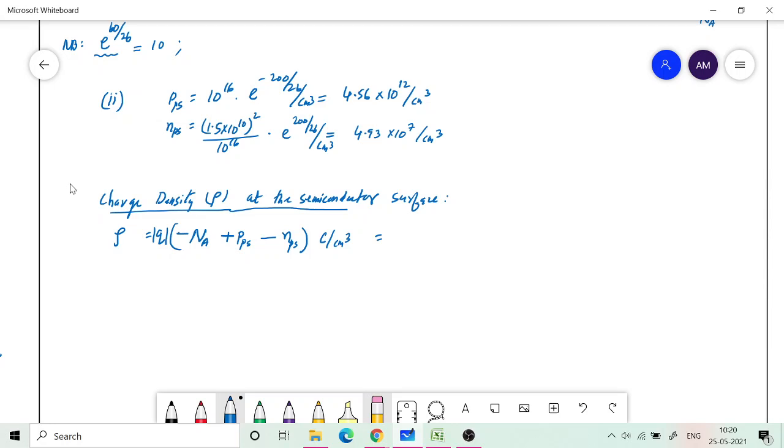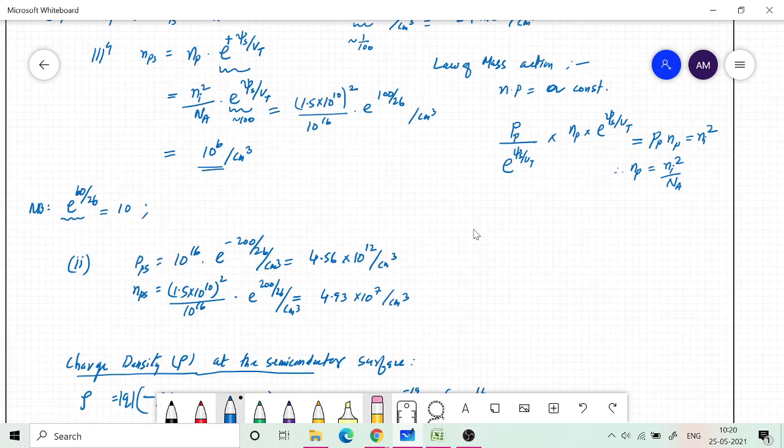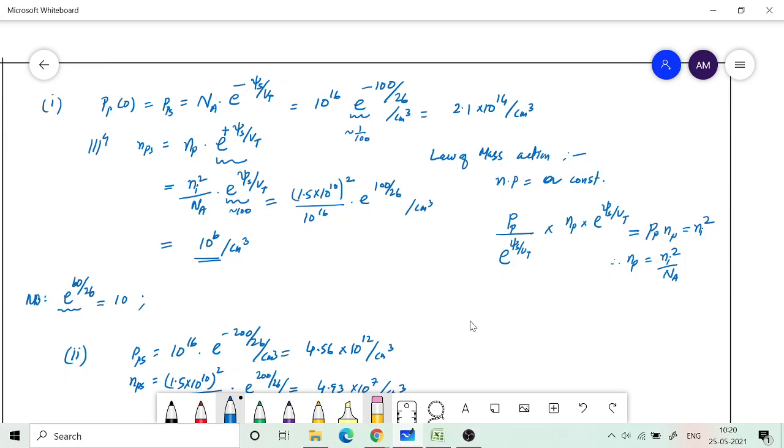If I evaluate this, Q magnitude is 1.6 into 10 raised to minus 19 coulomb, and inside the bracket I have minus 10 raised to 16. Then PPS, what was our value? 2.1 into 10 raised to 14.